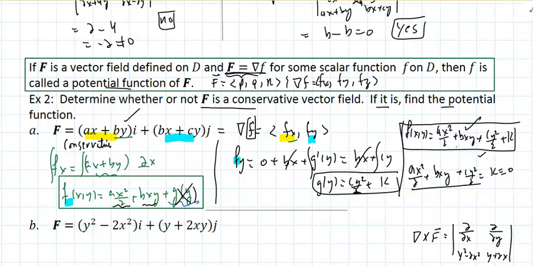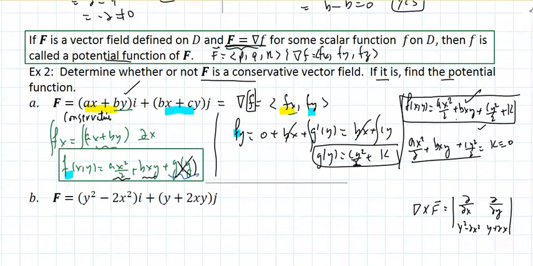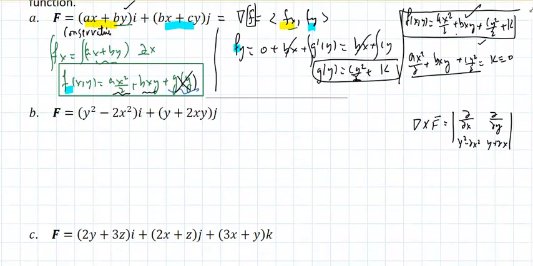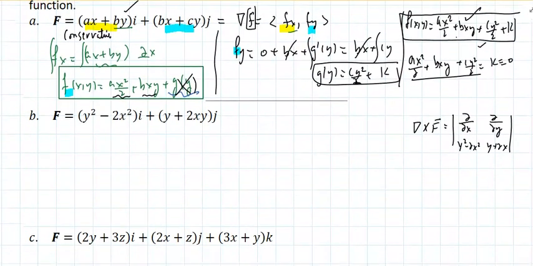And you could test it every time. So if I take the partial with respect to x, that is 2, the partial with respect to y, the partial with respect to x, that is, I forget the y.